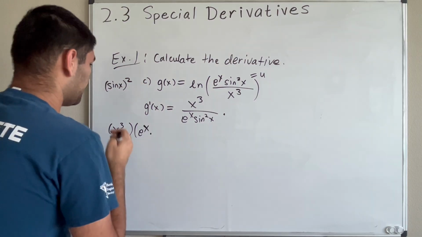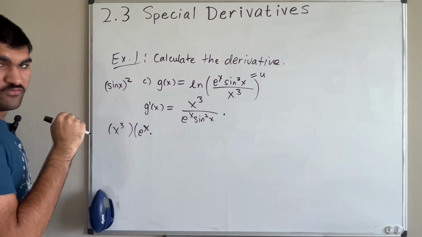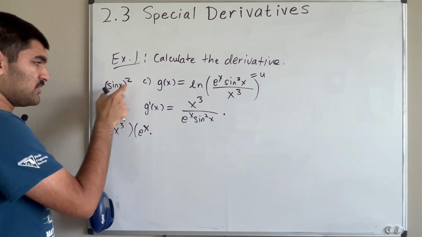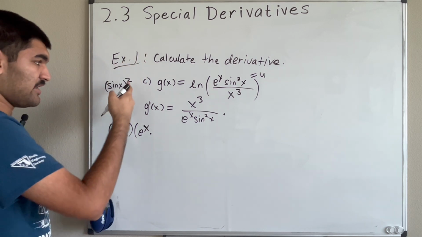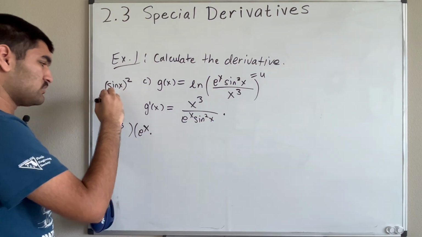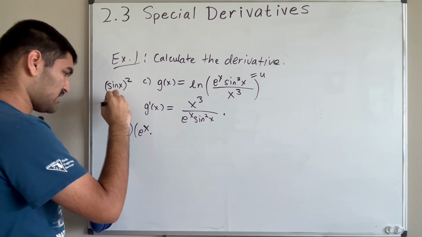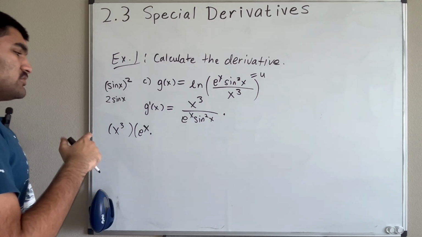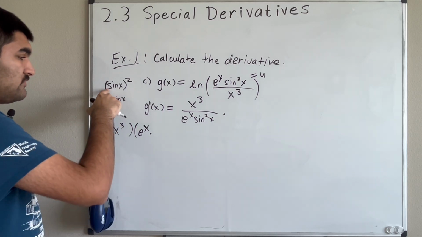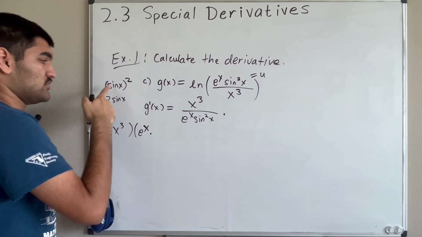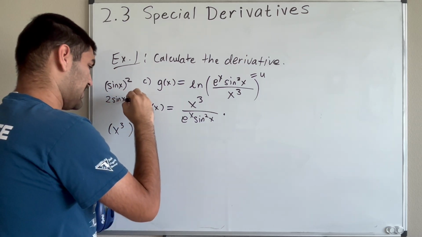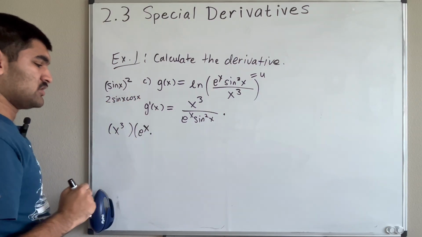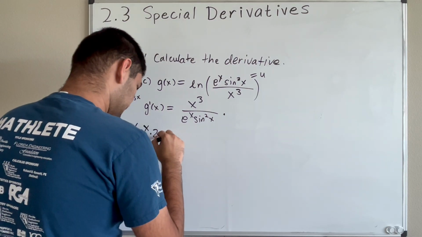We can treat sine of x as a variable for now, so we really have u to the power of 2, and we use the power rule. The derivative of x squared is 2x, so in this case it's 2 sine x. But then we have to multiply by the derivative of the inside function, sine x, and the derivative of sine x is cosine x. So the derivative of sine squared x is 2 sine x cosine x. I'm going to multiply that here.